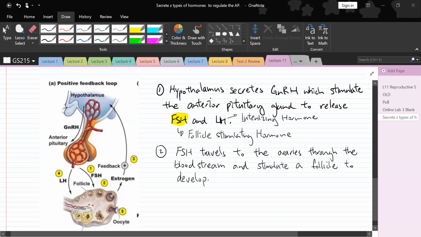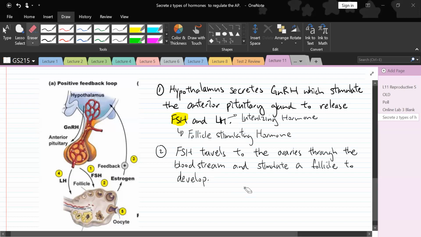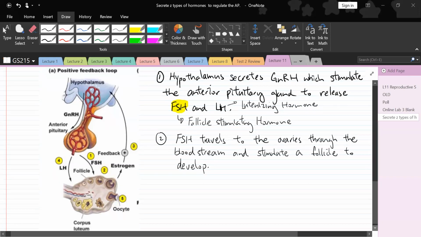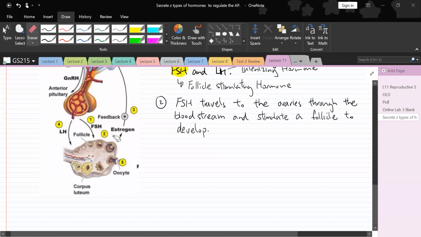Now there is some communication between the two ovaries. If there's a follicle developing in one ovary already, then it will prevent a follicle from developing in the other ovary. Okay, so that's number two.